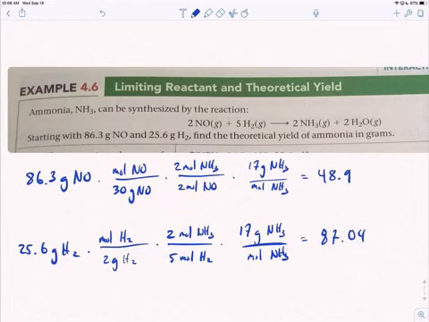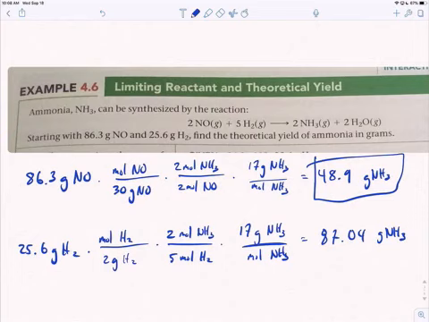Okay, this is grams. All right, so looking at nitrogen monoxide, we get 48.9 grams ammonia. Looking at hydrogen, we get 87 grams ammonia. And we have to pick the lowest one. We pick the nitrogen monoxide then.